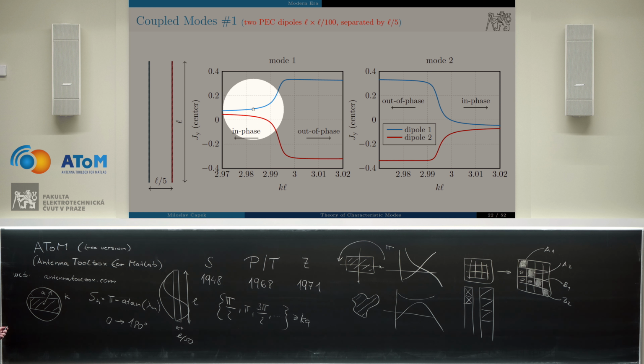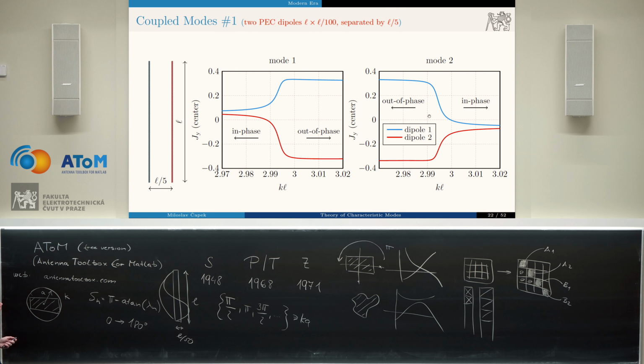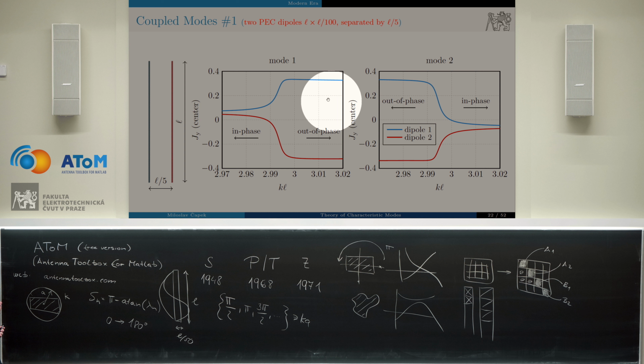And for the first mode, you can see it here. And for the second mode, you can see lines here. And always there is the blue line for the current measured for the left dipole, and there is also the current density in the middle of the right dipole, which is the red one.